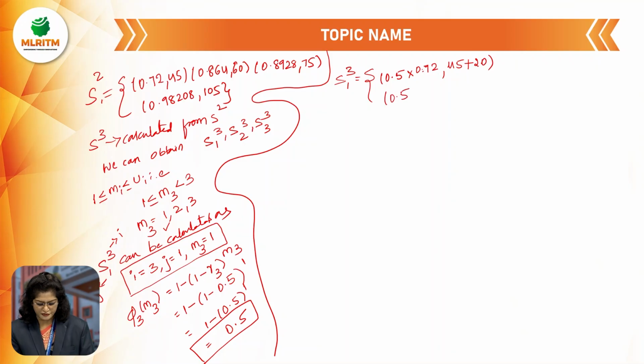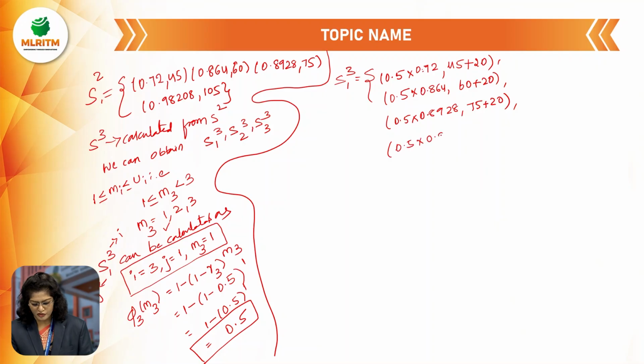Next 0.5 into (0.864, 60) plus 20. Next 0.5 into (0.8928, 75) plus 20. Next 0.5 into (0.98208, 105) plus 20. These are all the S13 values that we have calculated with the 0.5 and the previous S2 final values.